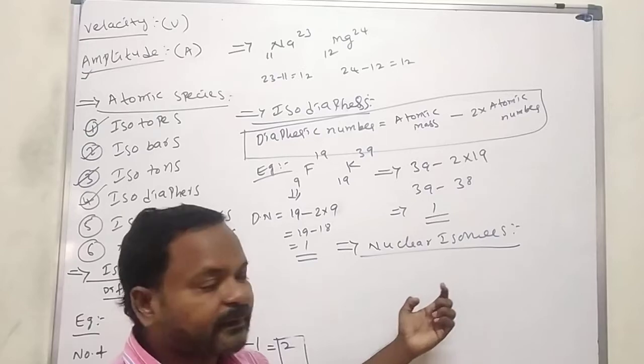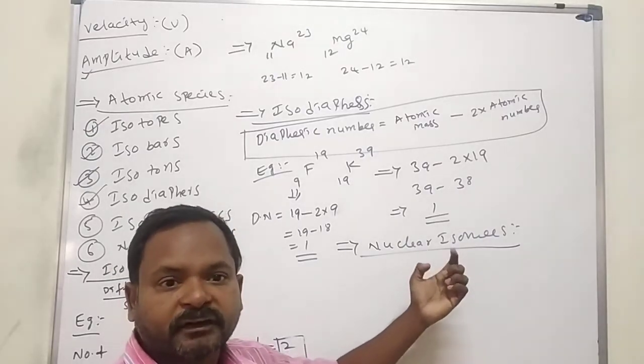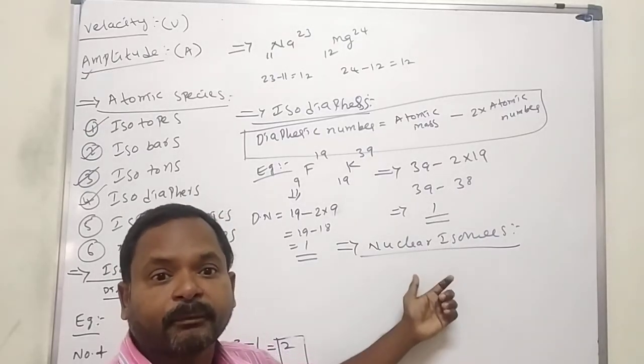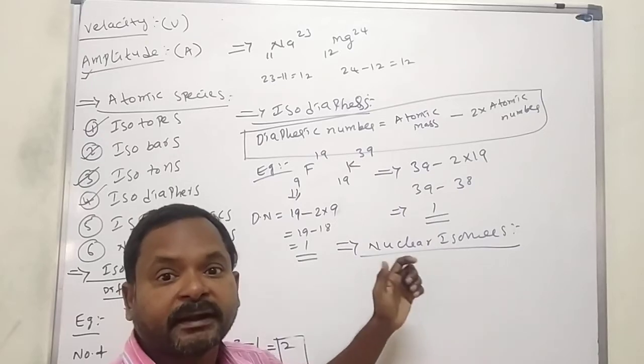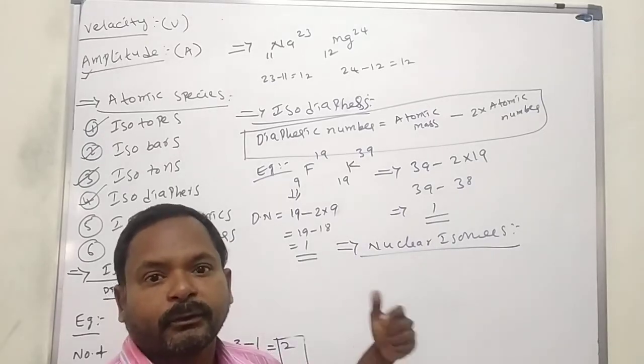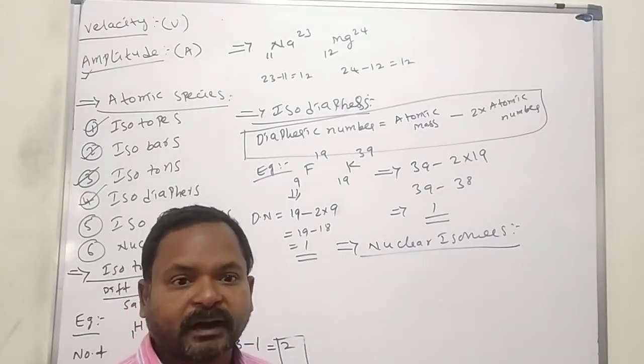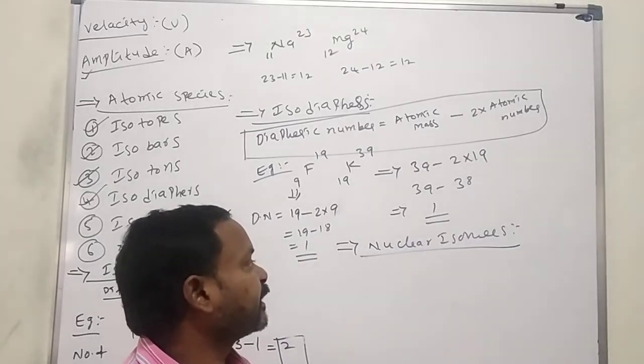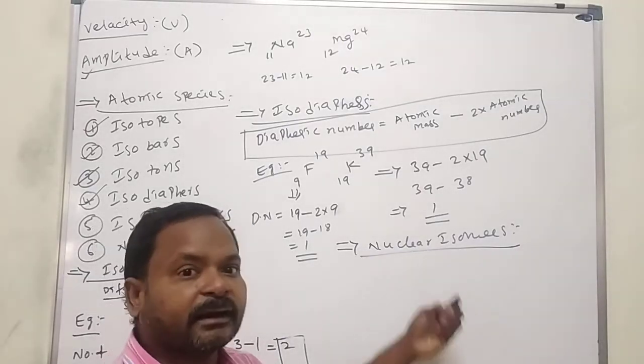The atomic species which have the same atomic mass and atomic number but differ in half-life time are simply considered nuclear isomers.